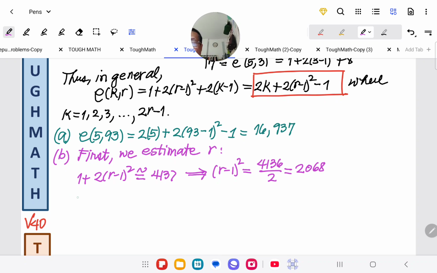Therefore, R minus 1 is equal to the square root of 2068, which is approximately equal to 45.87.